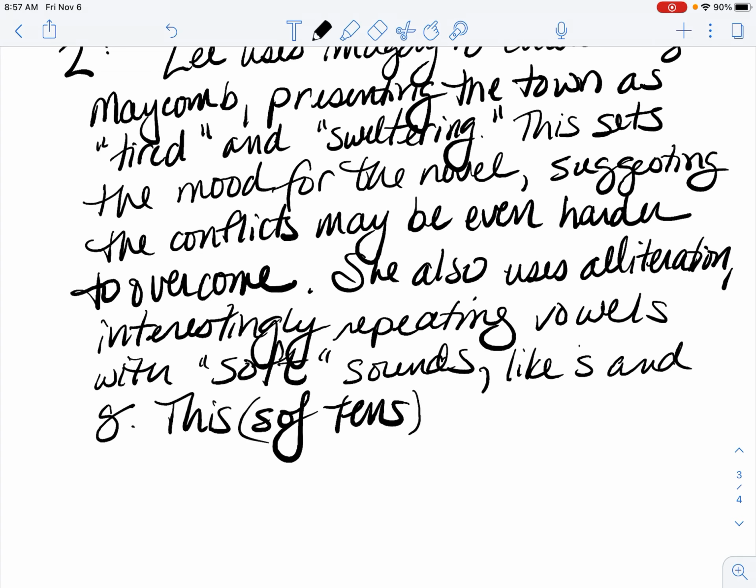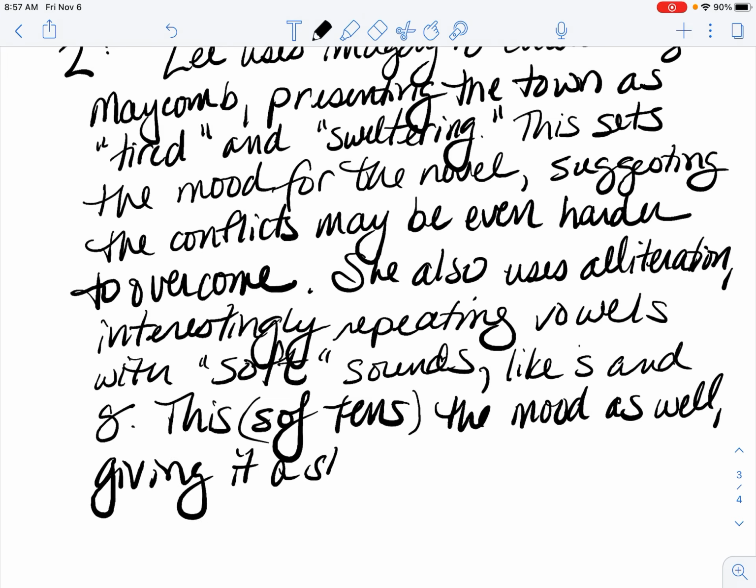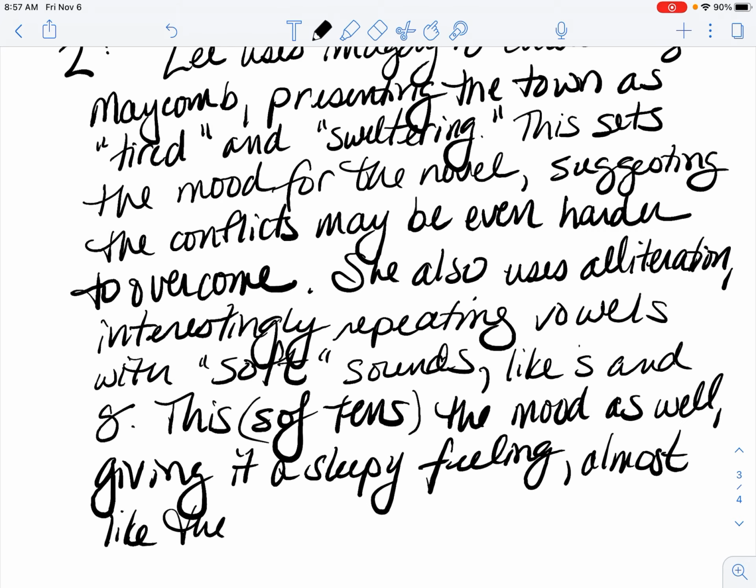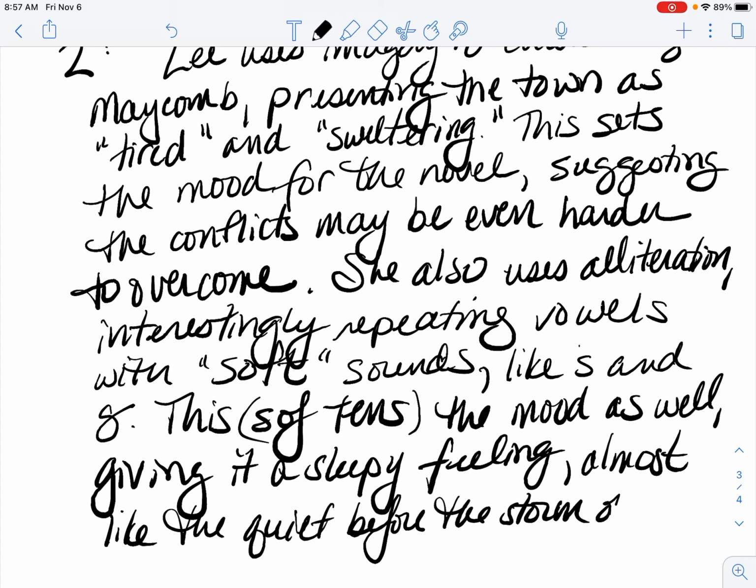Okay, so if I'm focusing on the alliteration, for me, the explanation is that those sounds soften the mood and give it like a sleepy feeling, almost like the quiet before the storm of change.